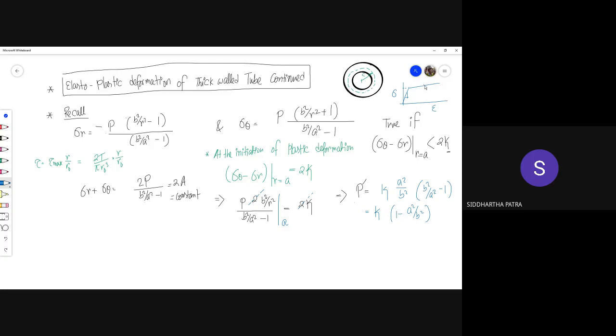Now if you are anywhere over here, you have already undergone quite a bit of plastic deformation, but this point right here is a very special case. This point right here, that is the yielding point, it belongs to both the sides of the curve. It's kind of the bifurcation point, much like buckling.